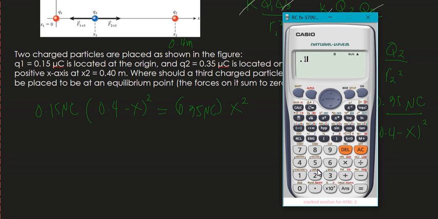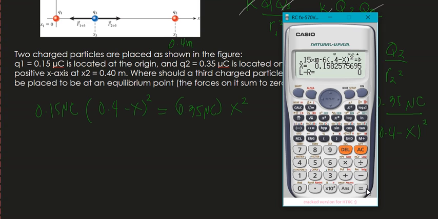So we'll have 0.15 e raised to negative 6 multiplied by 0.4 minus x squared is equal to 0.35 micro times x squared. Then we are going to solve this one to find the value of x.